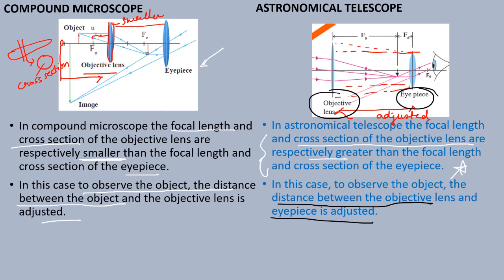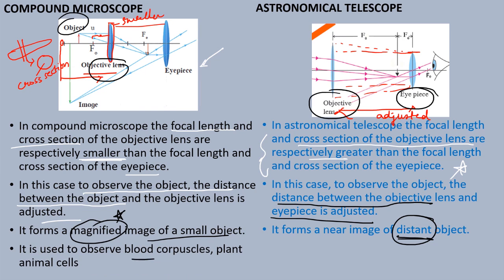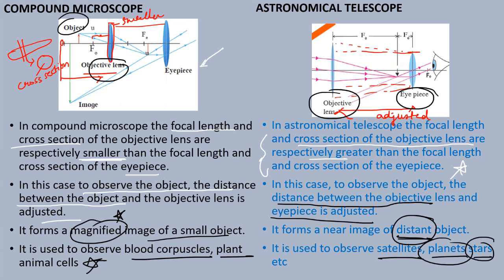Now in case of compound microscope, it forms a magnified image of a small object. On the other hand, astronomical telescope forms a near image of a distant object. Compound microscope is used to observe blood corpuscles, plant and animal cells, etc. And astronomical telescope is used to observe satellites, planets, stars, etc.